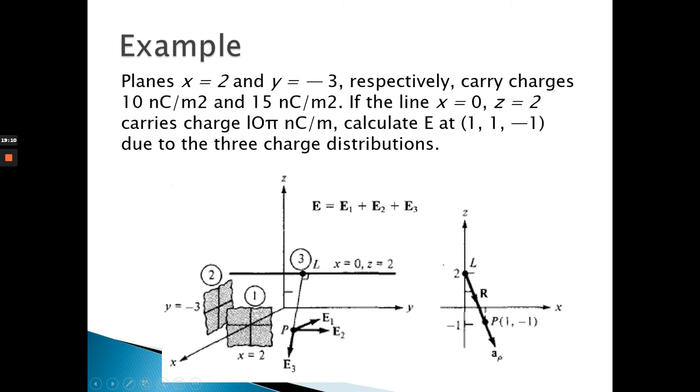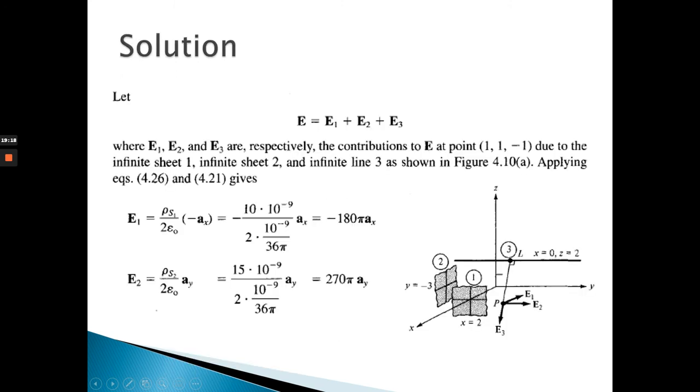We first find the surface charge fields and add them, then find E3 due to the line charge, and add them.